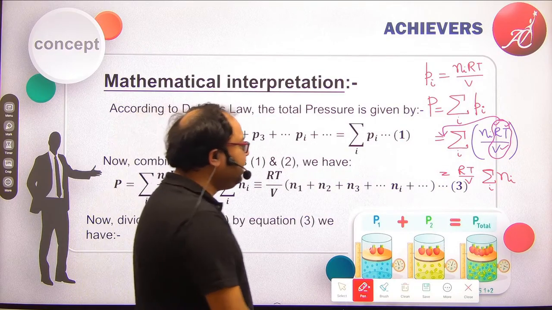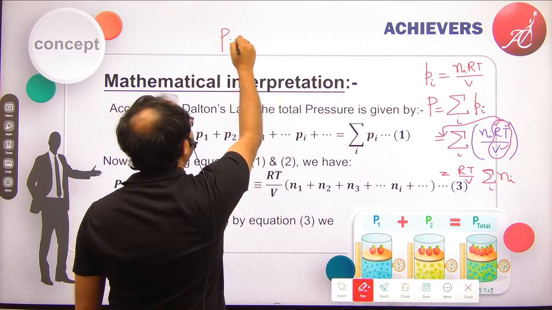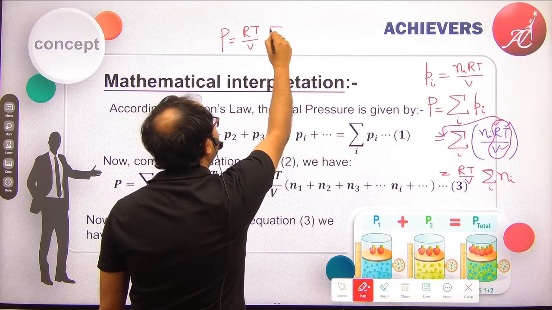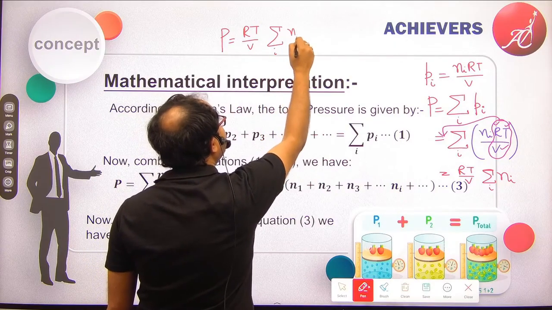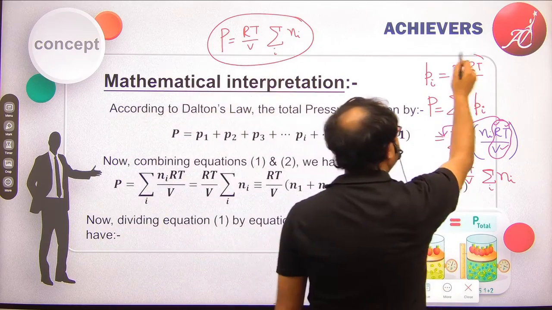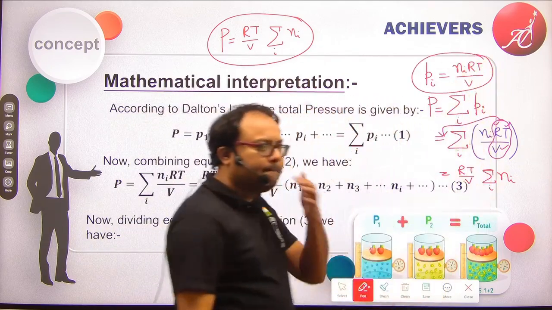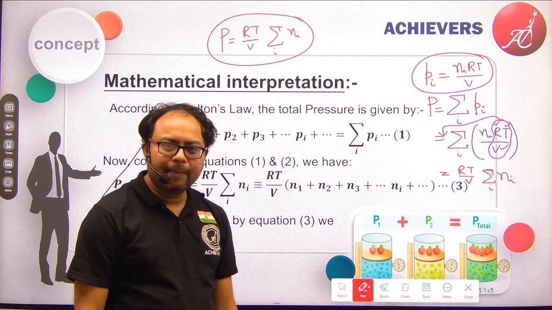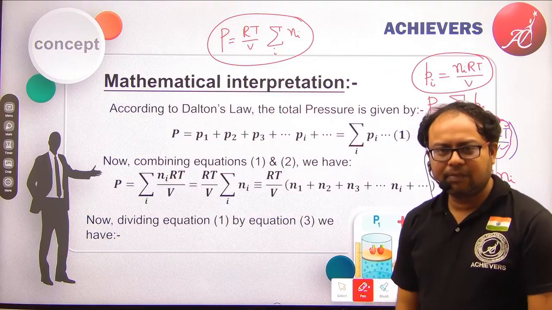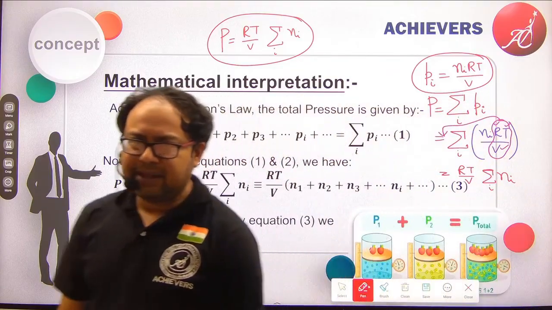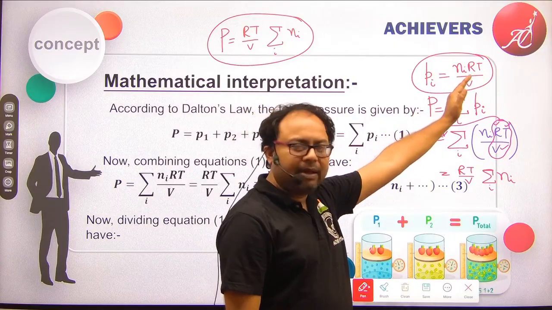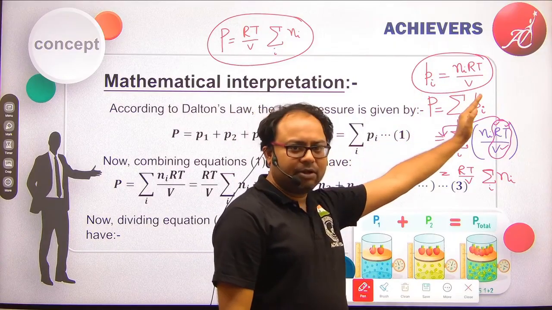So you are getting total pressure P to be equal to RT by V multiplied by summation over Ni. And this is the partial pressure. I think you all have understood this much. We have done a very simple mathematical interpretation and we have understood that Pi is equal to NiRT by V, and P is equal to summation over Pi.